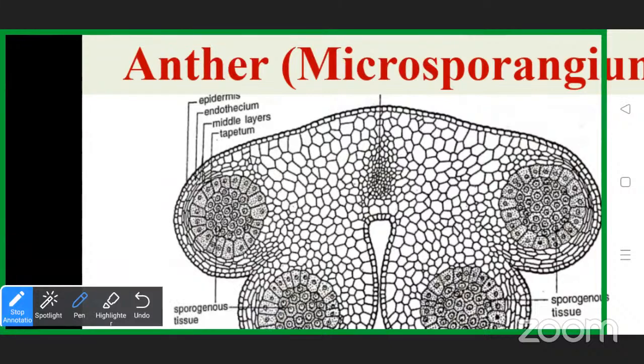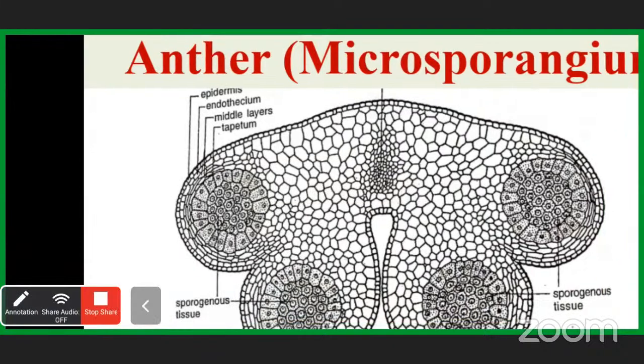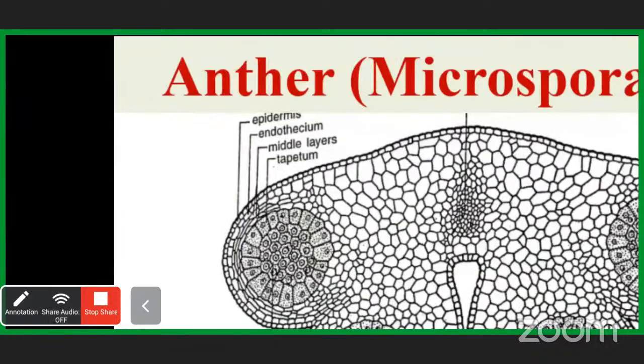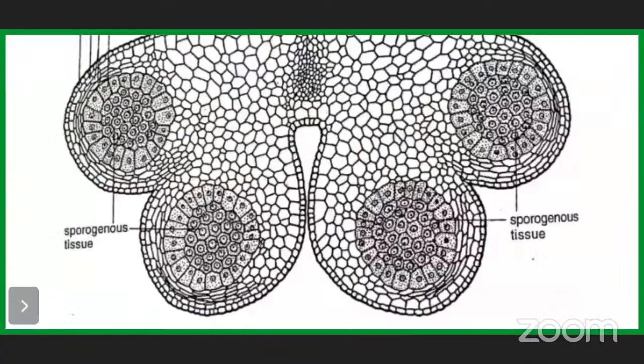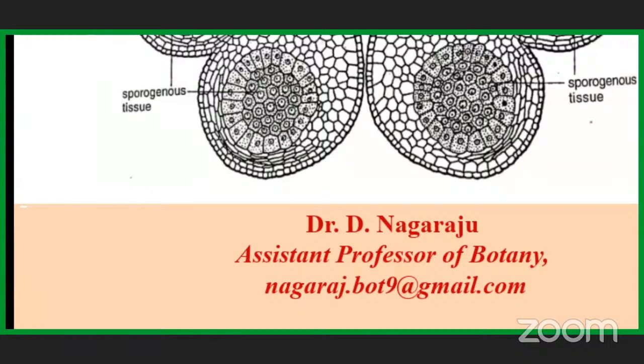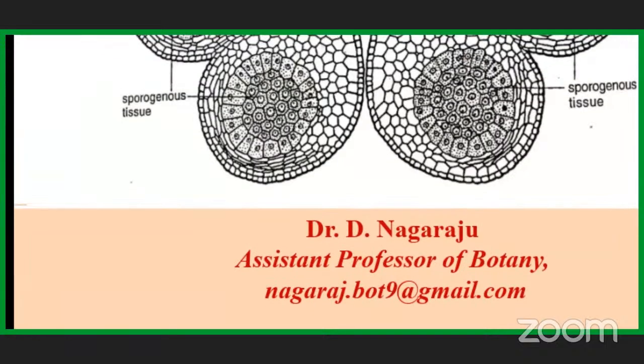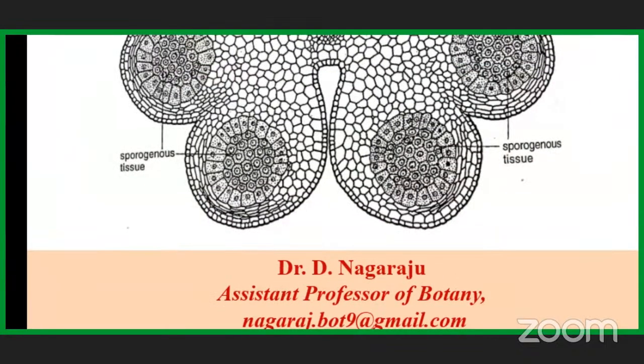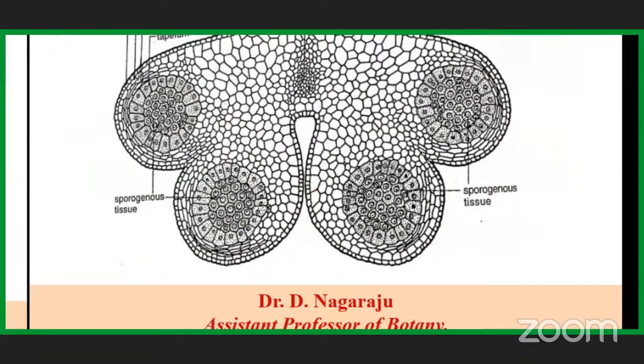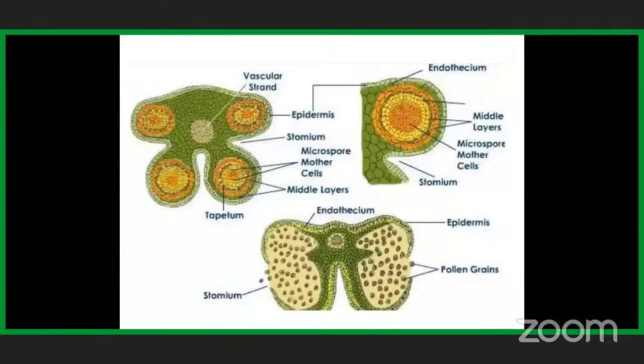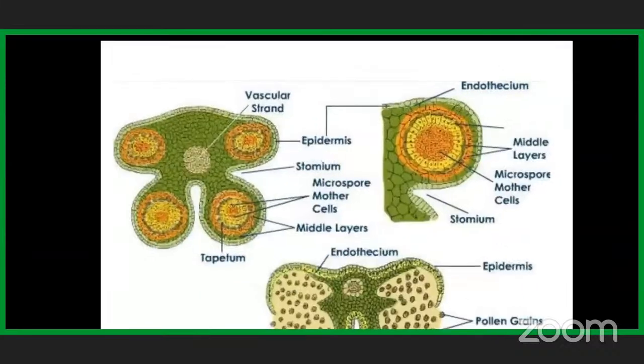You can see how it is. You see the layers of the microsporangium forming the microspores, the sporangial tissue, the microspore mother cell, releasing the microspores. You see how it is.